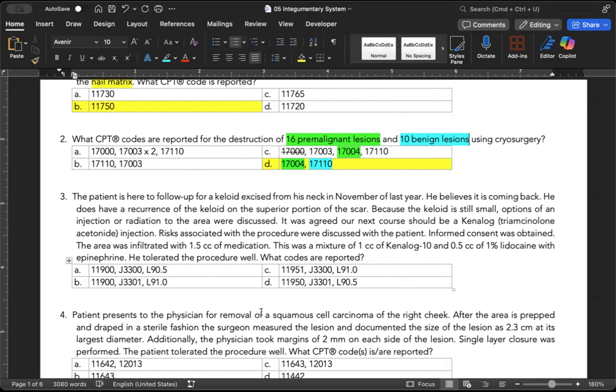So since we're in CPT, let's use our CPT to rule it out. So we've got two that have 11900 and then two that are different codes. Let's go to 11900.